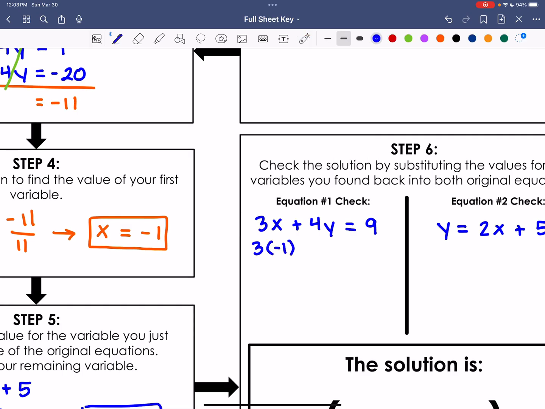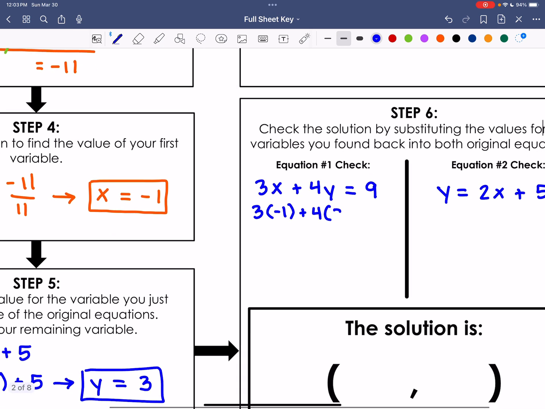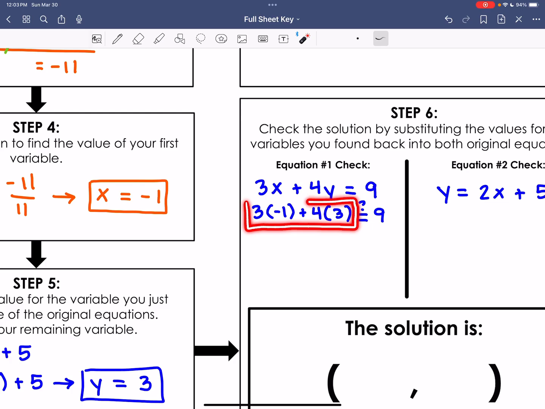So I'm substituting -1 for x, and then for y, we are substituting in 3. And then I'm going to double check, well, does that actually make 9? So you are absolutely welcome, if your teacher is okay with it, to just type this entire expression into your calculator and see what plops out. So if I were to do 3 times -1 plus 4 times 3, and I click enter, I get 9.